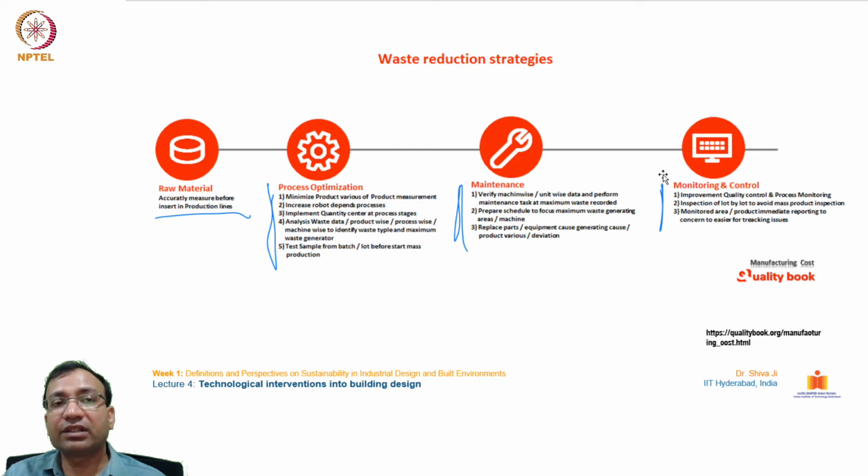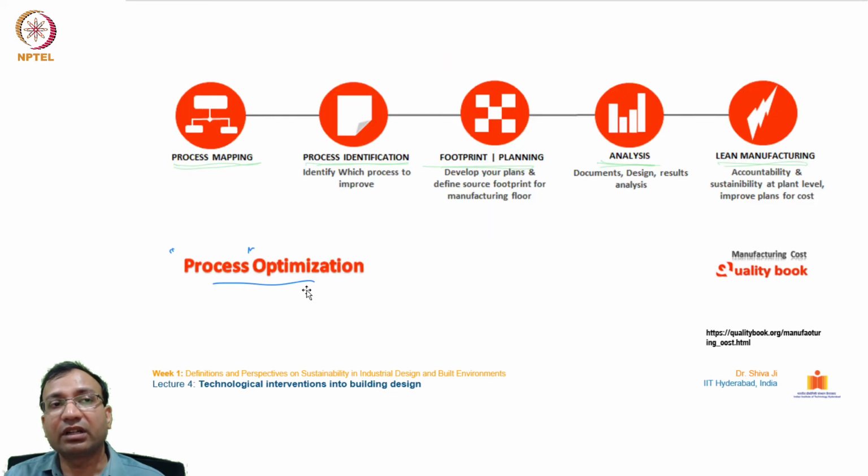So you see on this monitoring and control part also there is a lot which can be done, and this is the final stage where some more quality control and quality checks can be brought in to minimize the return to the factory of faulty and defective products, resulting in saving a lot of resources, material, time and energy, etc. So on all stages of production, if we adopt a waste reducing strategy, there is always an immense possibility to improve on these factors.